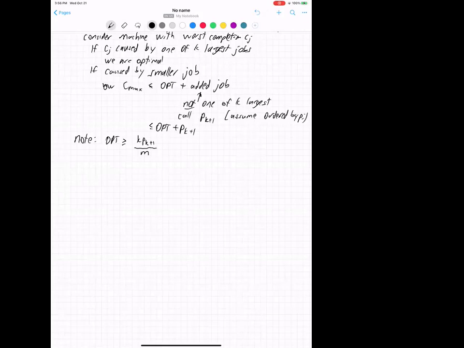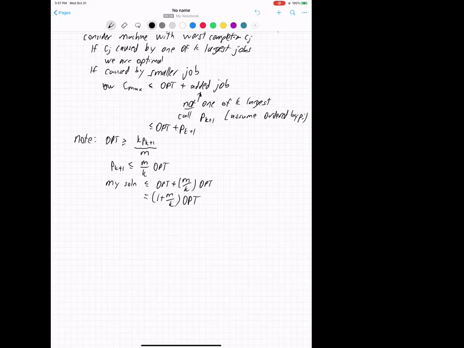Okay. People agree with this? And so that tells me that p_{k+1} is at most m over k times opt. And that in turn tells me that my solution is at most the optimum plus m over k times the optimum, which is 1 plus m over k times the optimum.